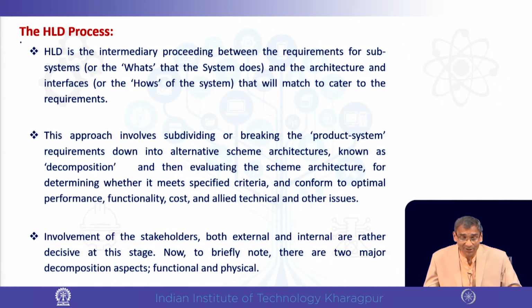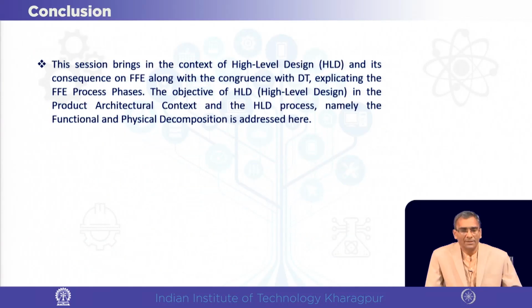Involvement of the stakeholders, both external and internal, is rather decisive at this stage. Now, to briefly note, there are two major decomposition aspects: functional and physical. We would take up these two aspects in our next lecture.